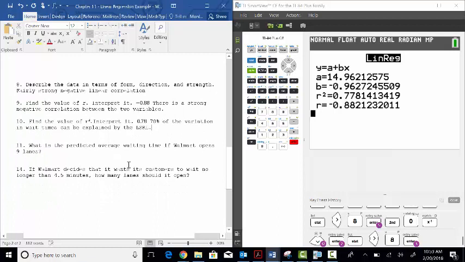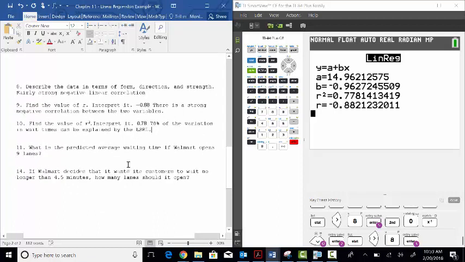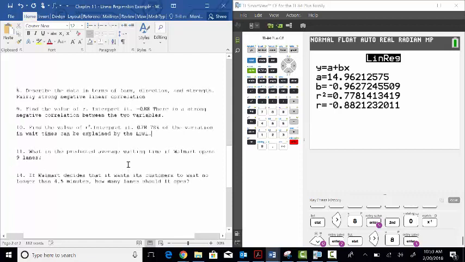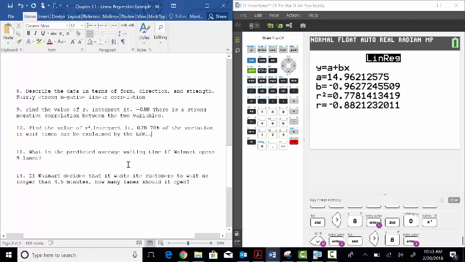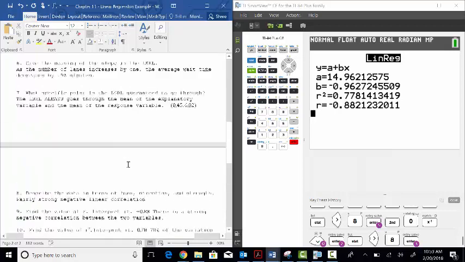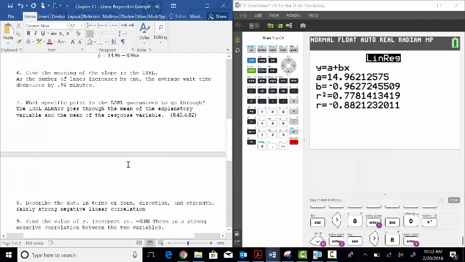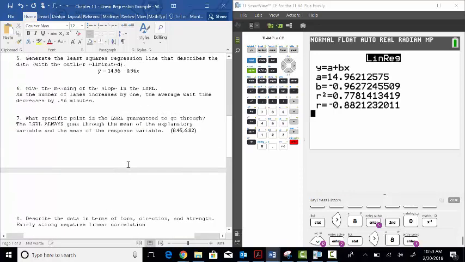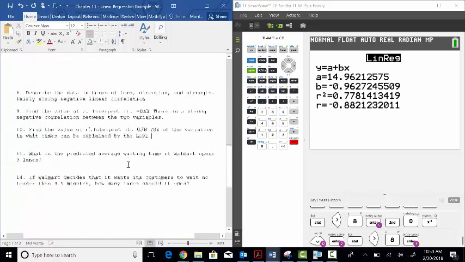All right, so next question just goes to like, what's the purpose? Why do we even calculate any of this? Well, we're calculating this so that we can predict values. So, for instance, in question number 11, it says, well, what would happen if I had 9 lanes open? How long would my customers have to wait? Well, if we go back up here and take our equation, 14.96 minus 0.96x, we can figure out.